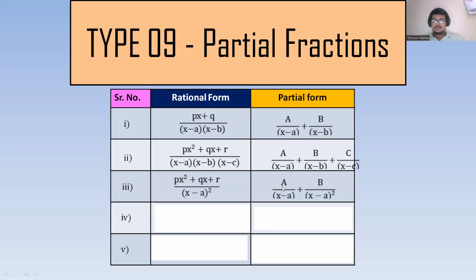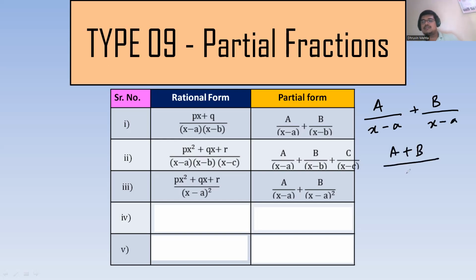Are you following this, guys? Why? Because if we take B upon x minus a, Muskan, that doesn't really make sense. If we take A upon x minus a and B upon x minus a, it's just like A plus B upon x minus a. That's like a normal constant. That doesn't really make sense.